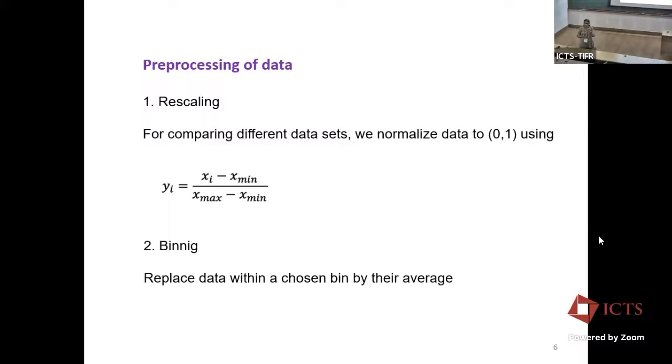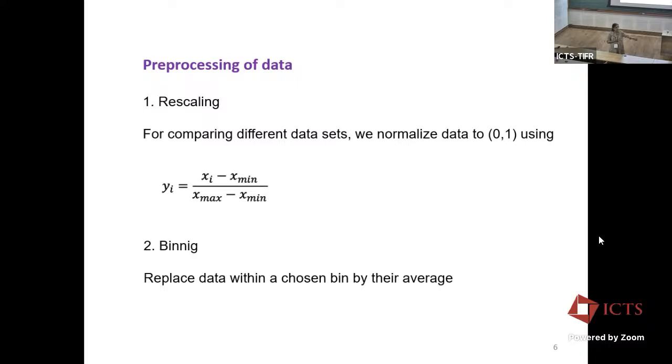One is that small fluctuations or noises will go away. Because the actual values are sometimes a little bit above by epsilon, sometimes below by epsilon, when you average over them, that will disappear. So a little bit of smoothing is possible by doing binning. The third advantage is that sometimes gaps occur in the data, especially in observational data.